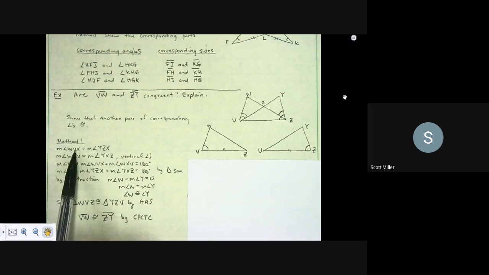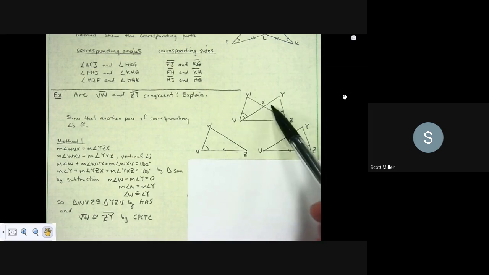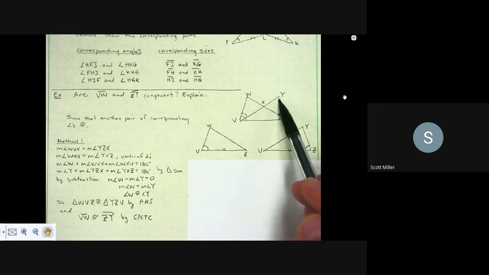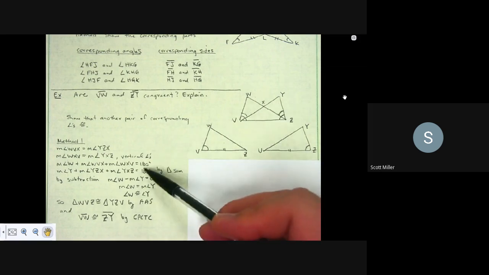So WVX. WVX is congruent to the other ones. They have the same measure. And then I talked about the vertical angles being congruent. So based off of that, what I was looking for is how I can get these two angles up here to be congruent, because the three angles of a triangle have to add up to equal 180. So that's how I did it.